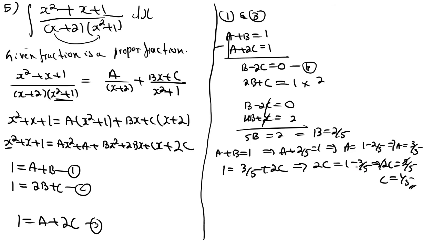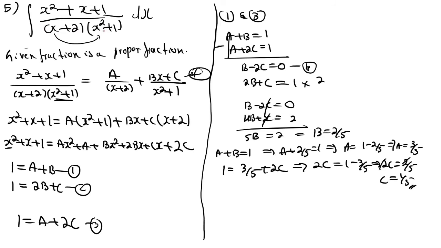So substitute in equation star, take it as equation star. So x square plus x plus 1 divided by, the denominator is x square plus 1 into x plus 2. Okay, this can be written as a divided by x plus 2. What is a value?